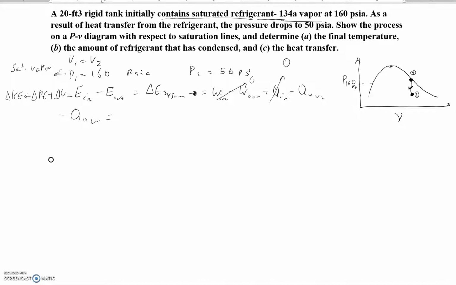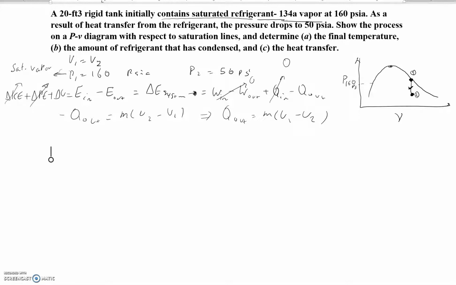And then no potential energy change, no kinetic energy change, these two are 0, and the only thing that remains is delta U, which you can write in terms of the specific internal energy, so U2 minus U1, right? So that is our equation, which you can rewrite, removing this negative, as just Q out is equal to m times (U1 minus U2), right? So that's the same equation.